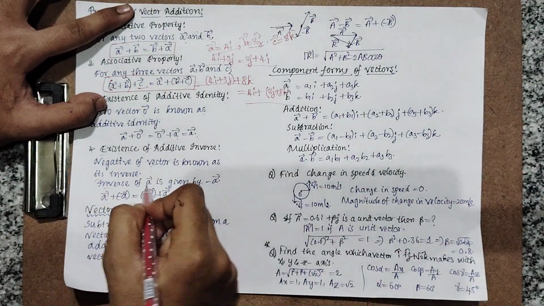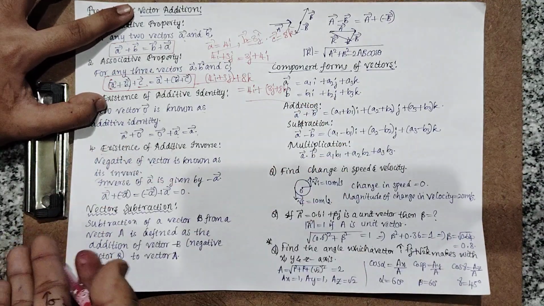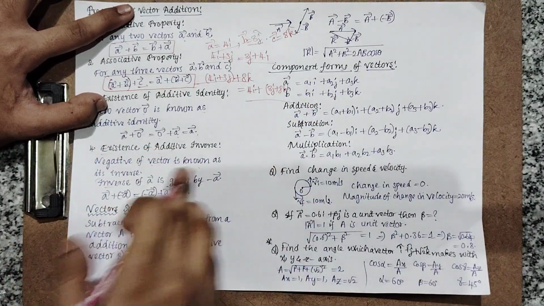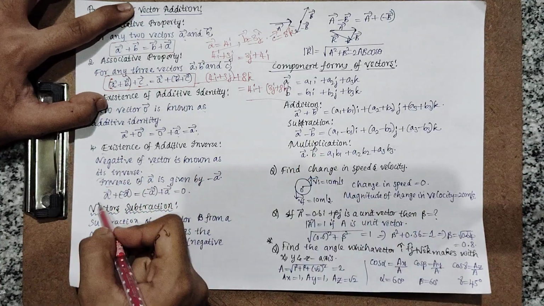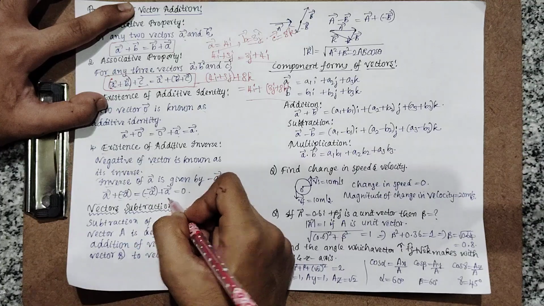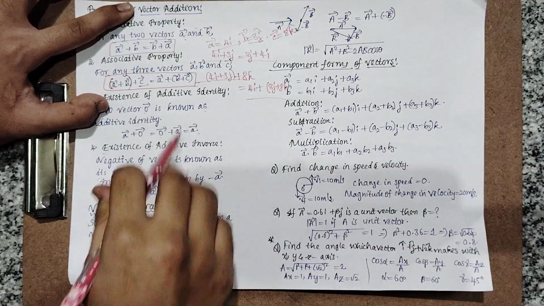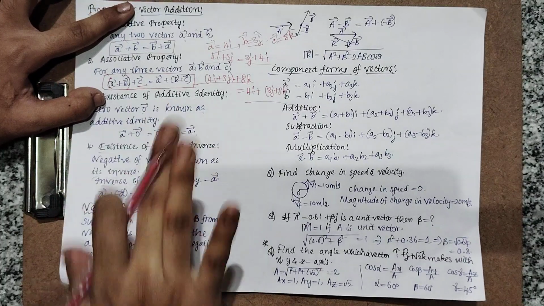For a vector A bar, its negative is minus A bar. So the inverse of A bar is given by minus A bar. So A bar plus minus A bar is equal to minus A bar plus A bar, which is also equal to 0. Here the sum should be equal to 0, and in the identity case the sum should remain the same.